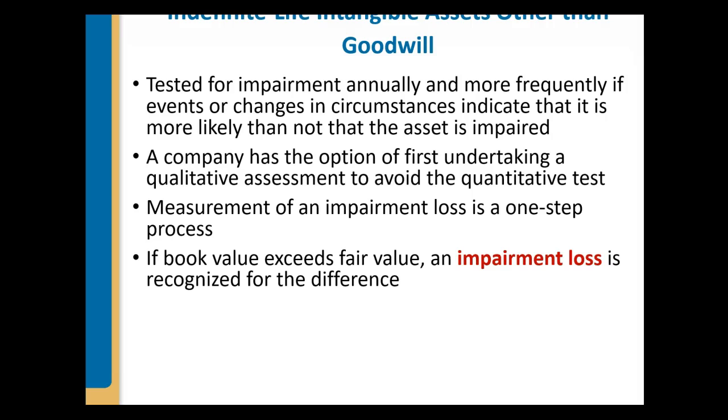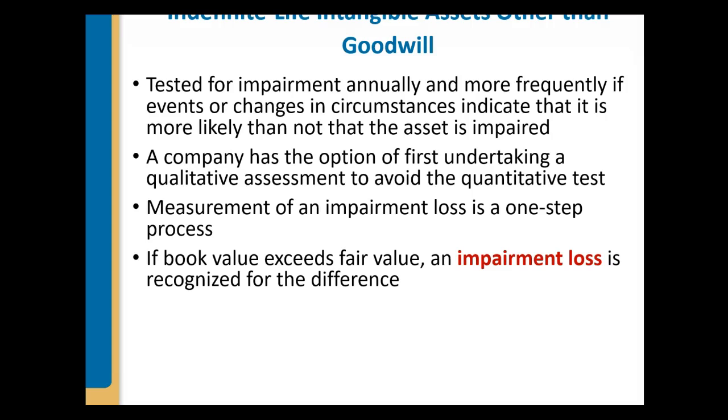Companies selecting this option would evaluate relevant events and circumstances to determine whether it is more likely than not, which means a likelihood of more than 50%, that the fair value of the asset is less than its book value. Only if that's determined to be the case will the company perform the quantitative impairment test.